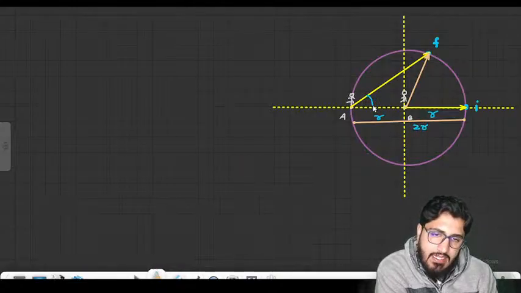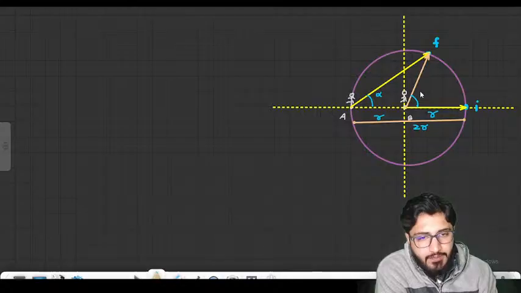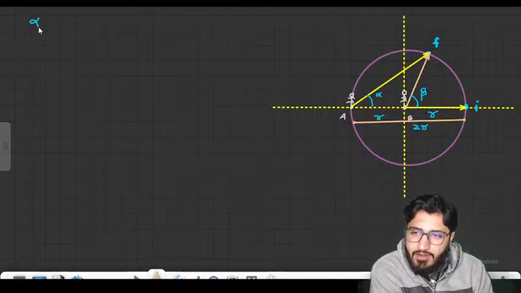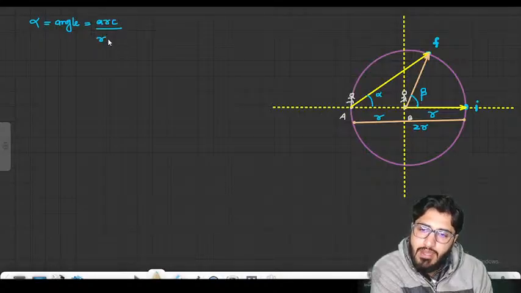If this angle is alpha and this angle is beta, look now, what is alpha? Alpha is an angle. What is an angle? Angle means arc by radius.